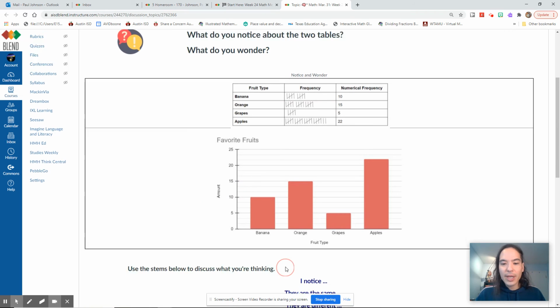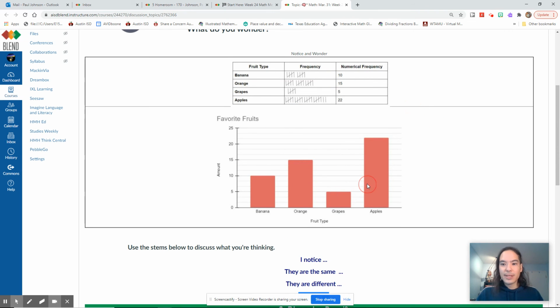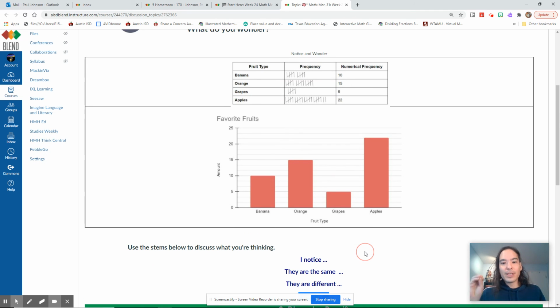So wondering is you being able to make a question that says, I understand this well enough to ask a question. Me personally, I wouldn't be able to ask an astrophysicist a question about space time and the ever expanding universe, because I don't know enough. I feel like I would have a really hard time giving a specific question.